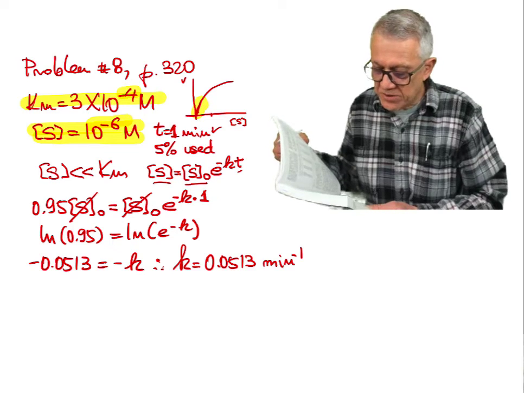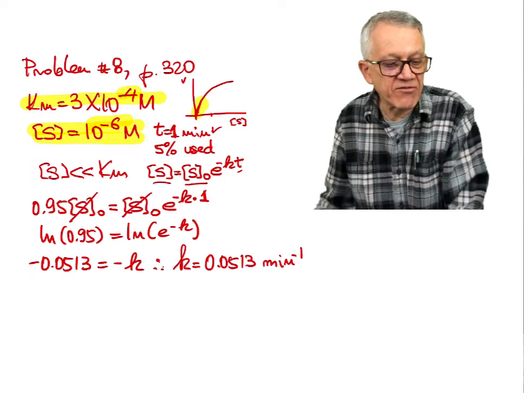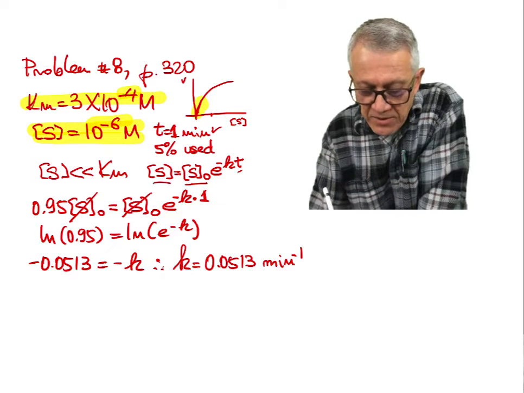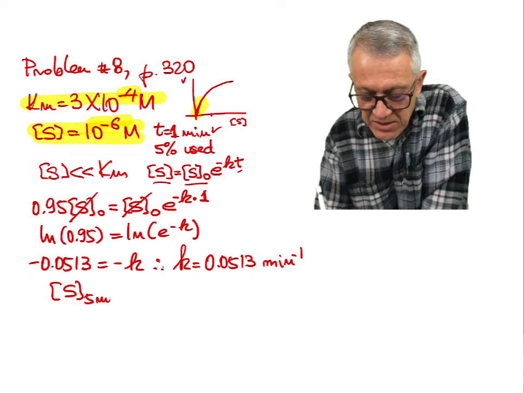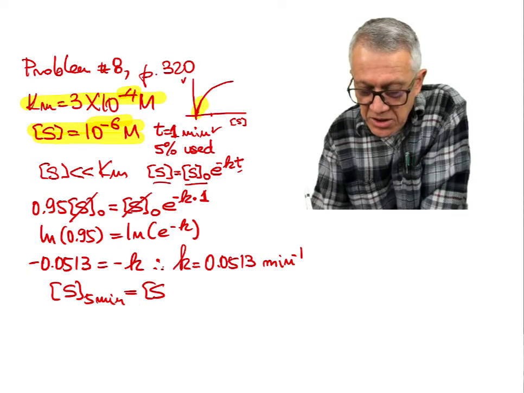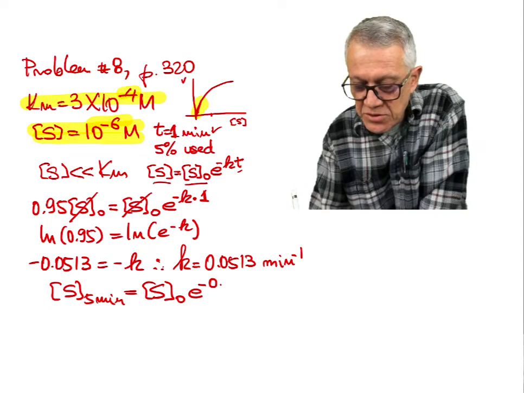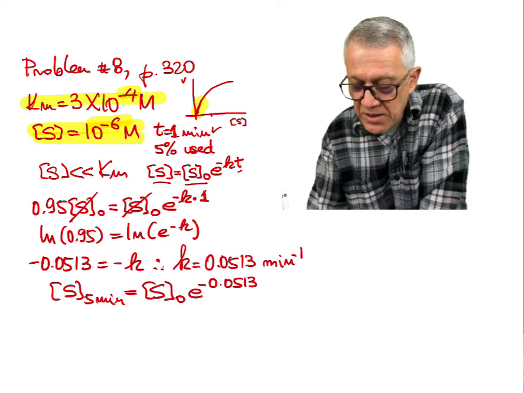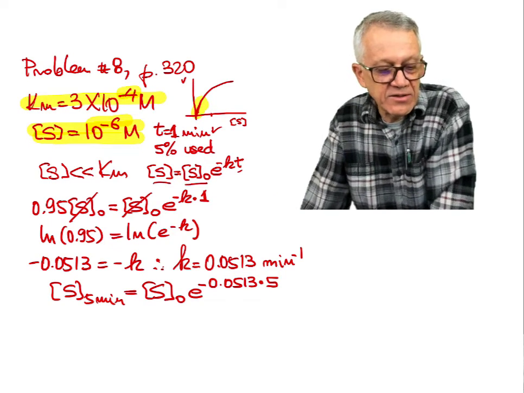The question is, what percent of the substrate will be utilized by 5 minutes? By 5 minutes. So now the substrate at 5 minutes is going to be the substrate initial times e^(-0.0513), and because it's 5 minutes, we have to multiply this by 5, right?